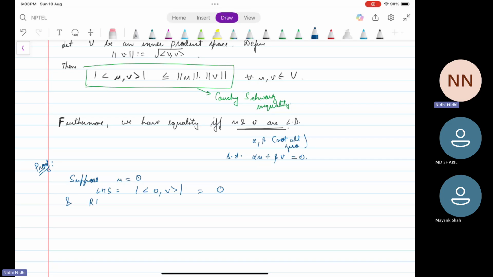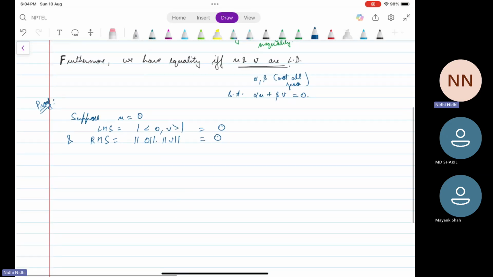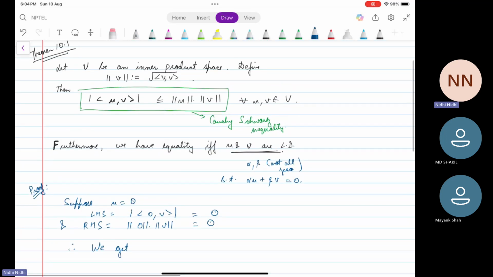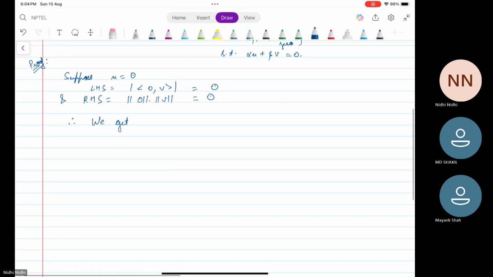The right hand side is norm of zero times norm v, which is again zero. Therefore, the inequality is trivial. Let's mark this as star. Similarly, star holds if v is zero, that is, if either u or v is zero.